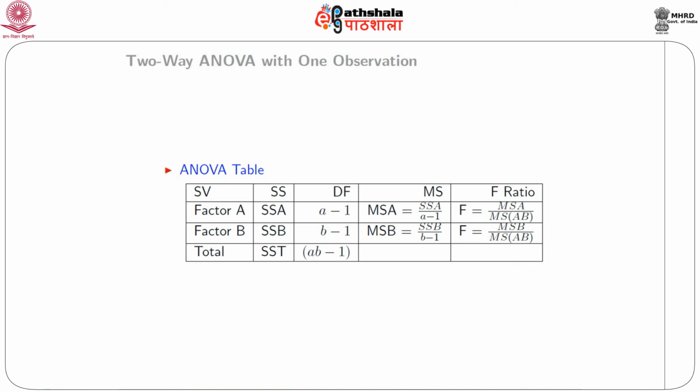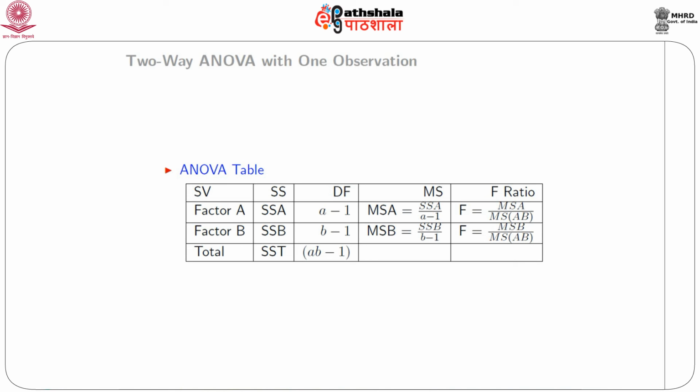Two-way ANOVA with one observation gives rise to an ANOVA table which looks like this. I will not read out all the cells, you can read them for yourself. Just notice that there are 5 columns. The first is called SV. In most standard places, it is called source.